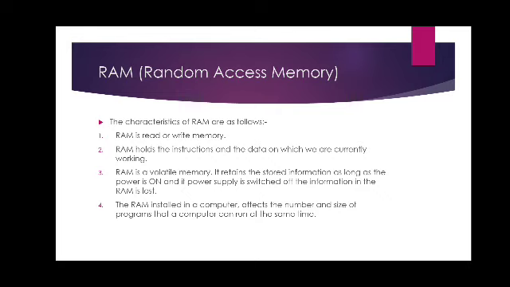RAM is volatile memory. It retains the stored information as long as the power is on, and if the power supply is switched off, the information in the RAM is lost. The RAM installed in the computer affects the number and size of programs that a computer can run at the same time.